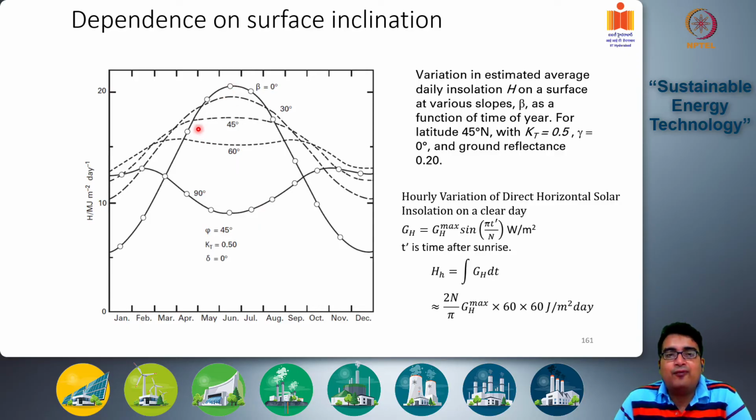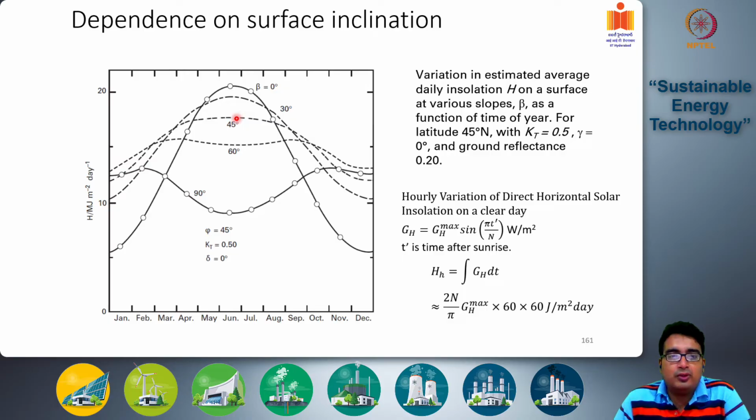At 40 degrees, 45 degrees, this situation is even better. Yes, there is a small decrease in energy here, but it's compensated by increase in energy collected in this area. So at 45 degrees, the differences are quite low.